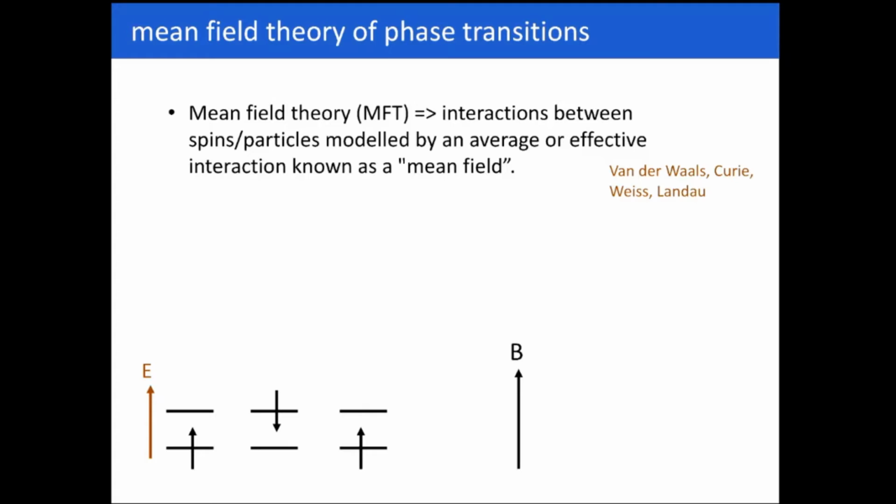So let's start with mean field theory. So mean field theory is a way that you can understand phenomenologically magnetic phase transitions, both ferromagnetic and antiferromagnetic phase transitions. But we're going to cover the ferromagnetic phase transition today.